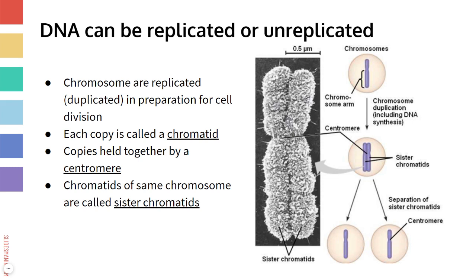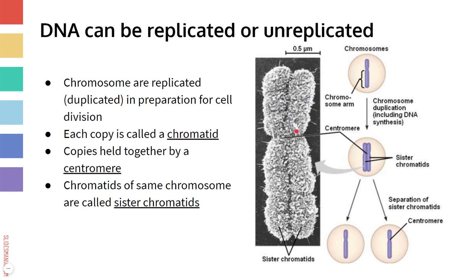And wait, we're not done with the grammar yet or the vocabulary. So we've got a couple more terms to define. So when we're thinking about what to call these two copies of the chromosome, we call them chromatids rather than chromosomes. So instead of saying that we have two chromosomes here, we would say we have two chromatids because they're in the copied form.